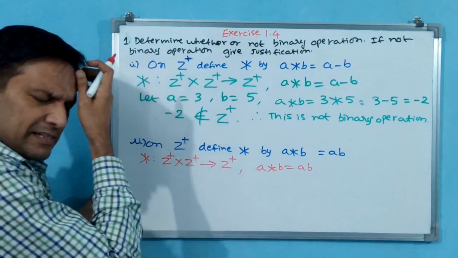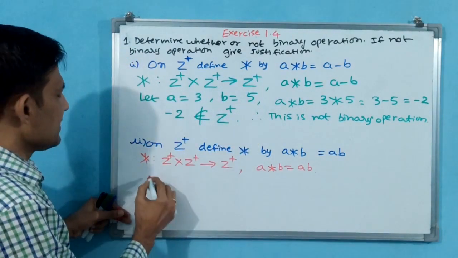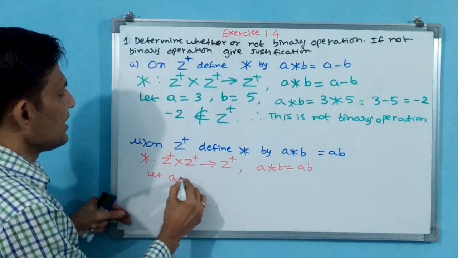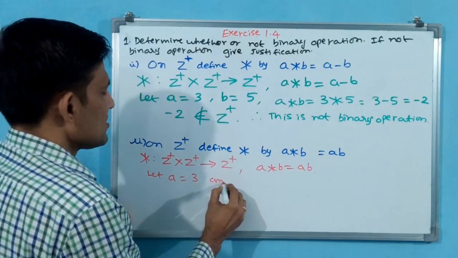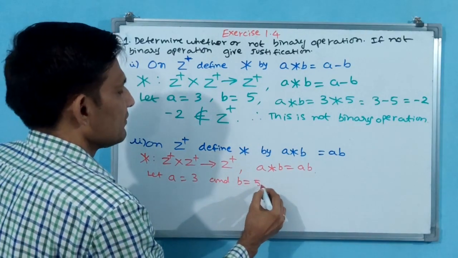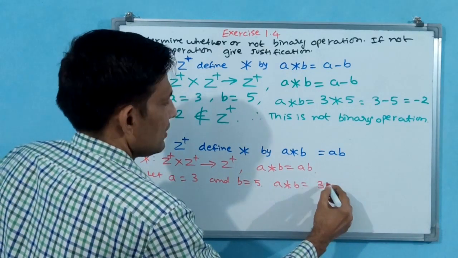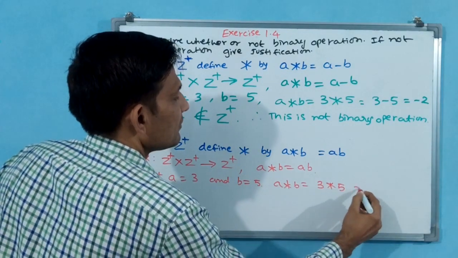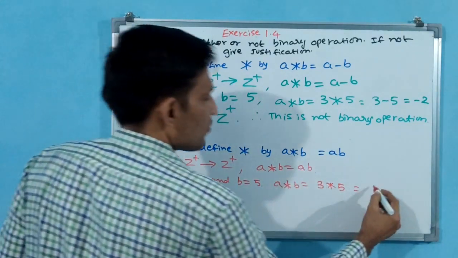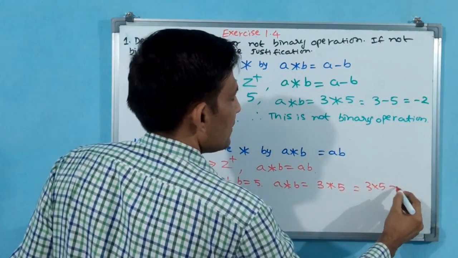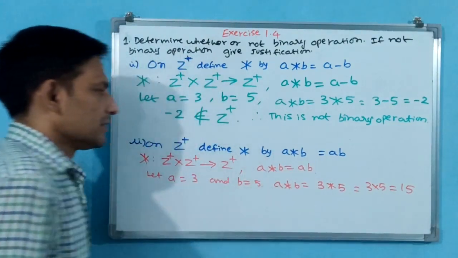Now you take the same numbers. Let A is equal to 3 and B is equal to 5. A star B is equal to 3 star 5, that is equal to 3 into 5, which is 15.